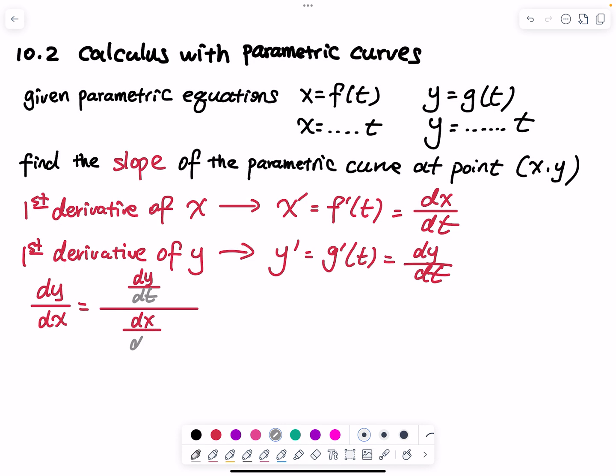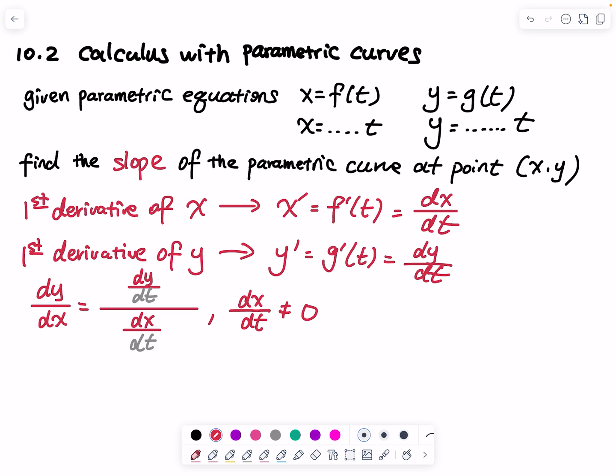I will put the dt in a different color to make this easier to read. You can see the dt cancels, and then you go back to dy dx. Since we have a denominator, we have to make sure that the derivative of x with respect to t is not equal to 0. Now we know that is the derivative.